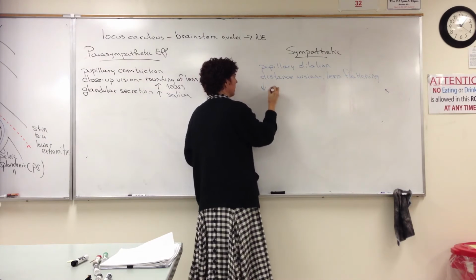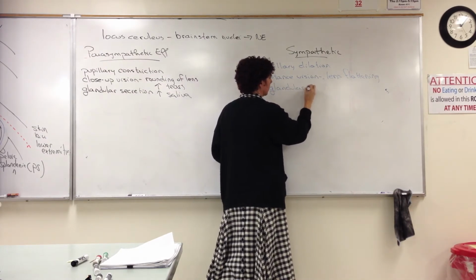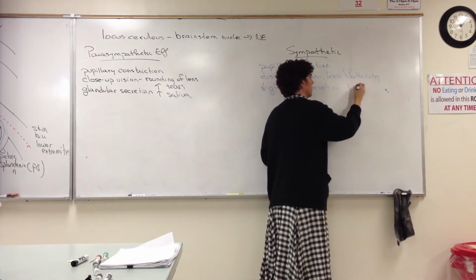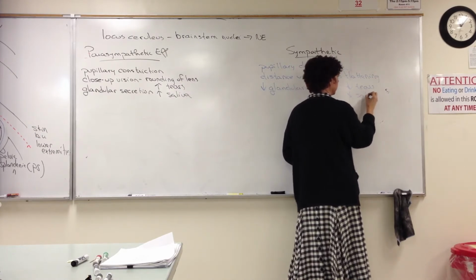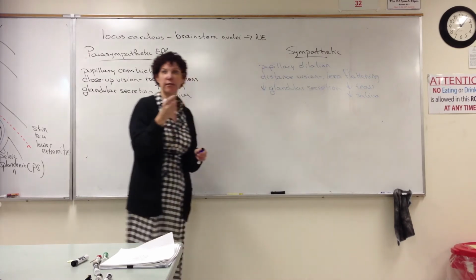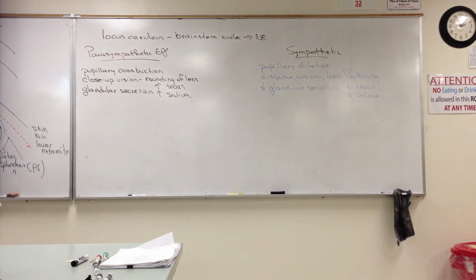So decrease glandular secretion, fewer tears, less saliva. And again, the process here is thought to be vasoconstriction, so there's less fluid going to these glands, so they can secrete less.